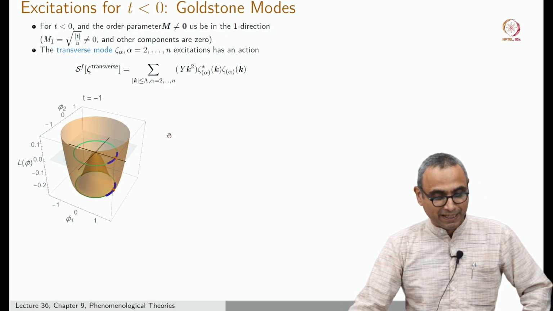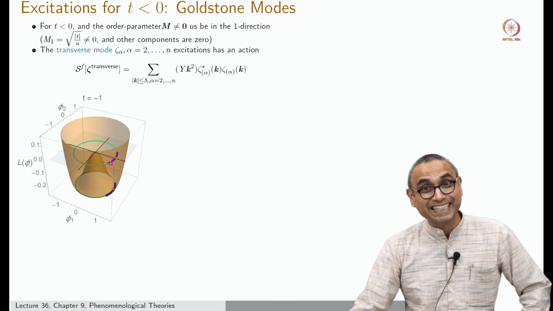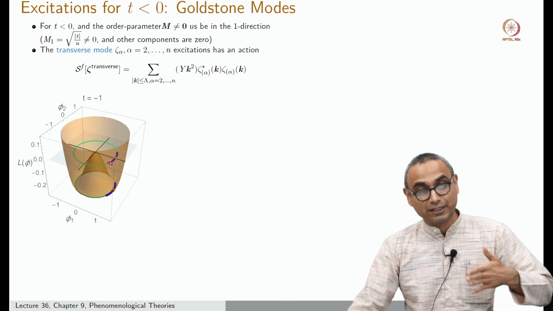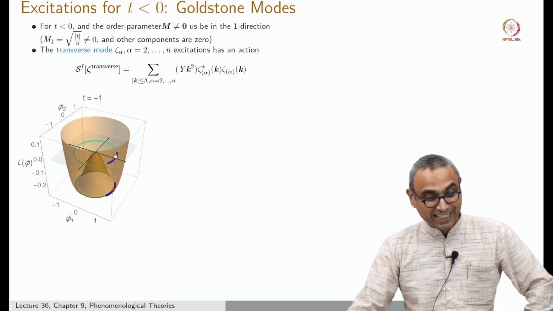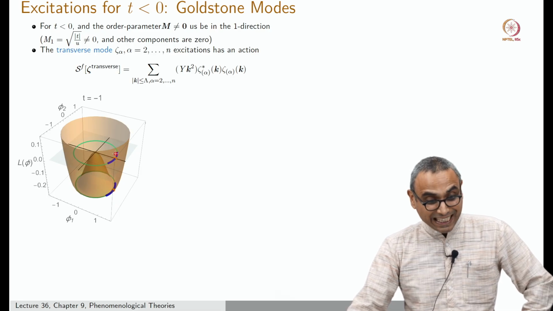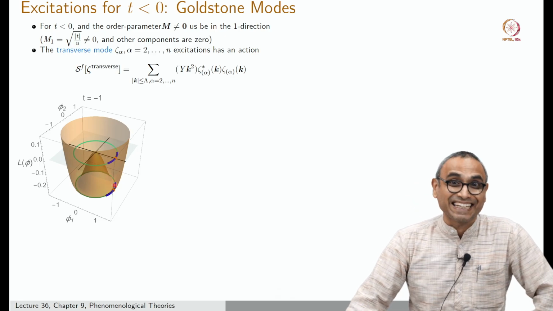So that shows up in this direction. This is m1 and I am doing fluctuations like this. That is my zeta 2; in this case the only allowed one is zeta 2. So I will be fluctuating here. If I fluctuate like this, look at what happens to the energy. I am not changing the energy.